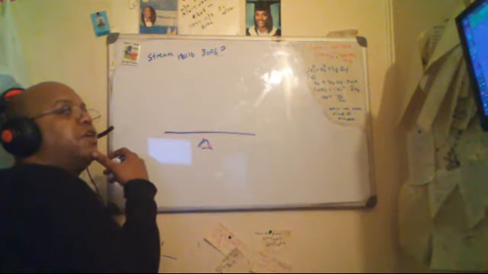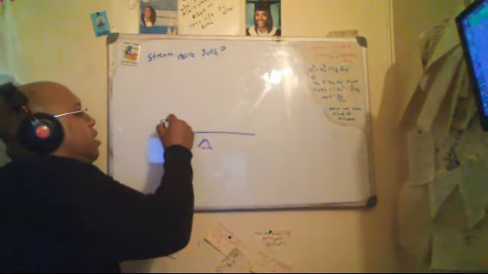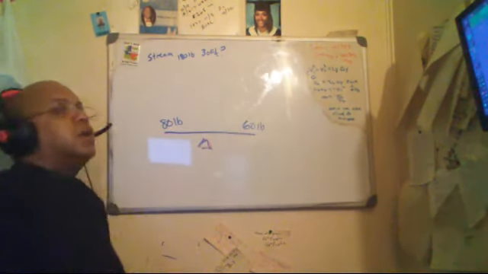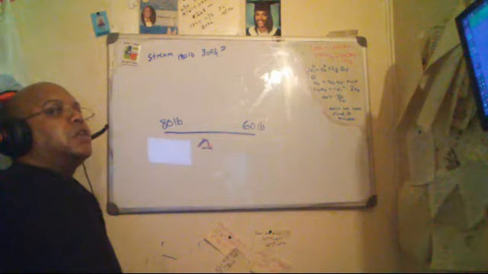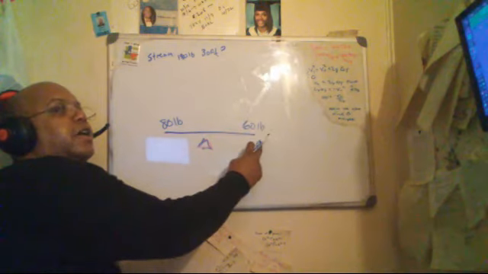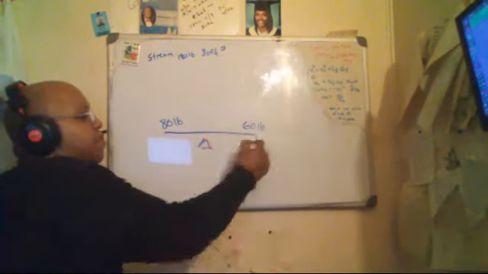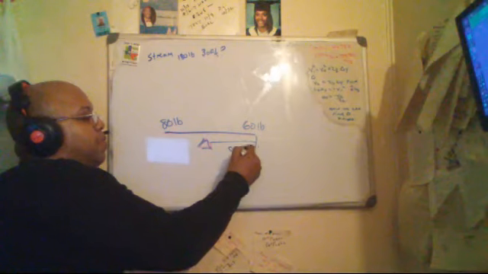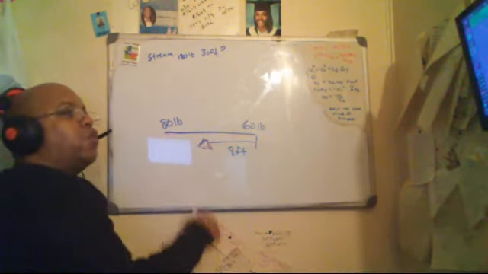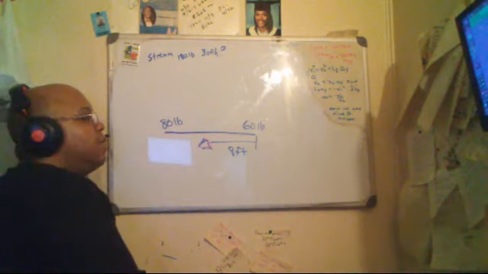We have a 60 pound kid and an 80 pound kid. So we have the 80 pound kid here, the 60 pound kid here. They balance the seesaw. How many feet from the fulcrum must the heavier child sit if the lighter child is 8 feet from the fulcrum? Now, the fulcrum is just like the teeter-totter point, or the tipping point in the middle of the seesaw.